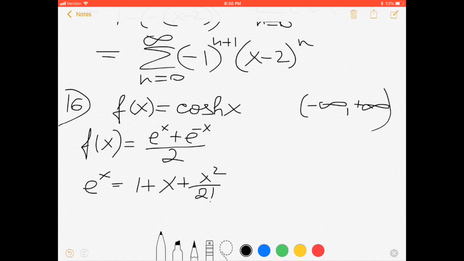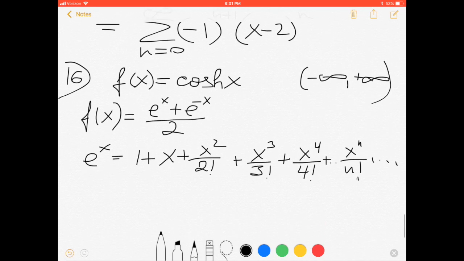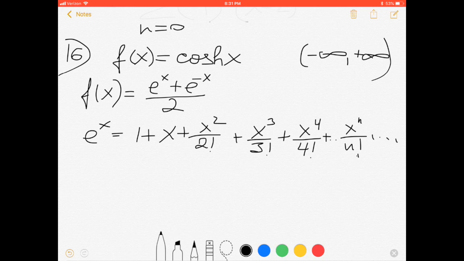We build not a series, we build a polynomial, but you can easily see how it happens to its series. x cubed over 3 factorial plus x to the fourth over 4 factorial plus continue x to the n over n factorial, and this will be it. I'm specially writing this way because if you have e to the negative x power, this means I need to plug in minus x, then we have x before.